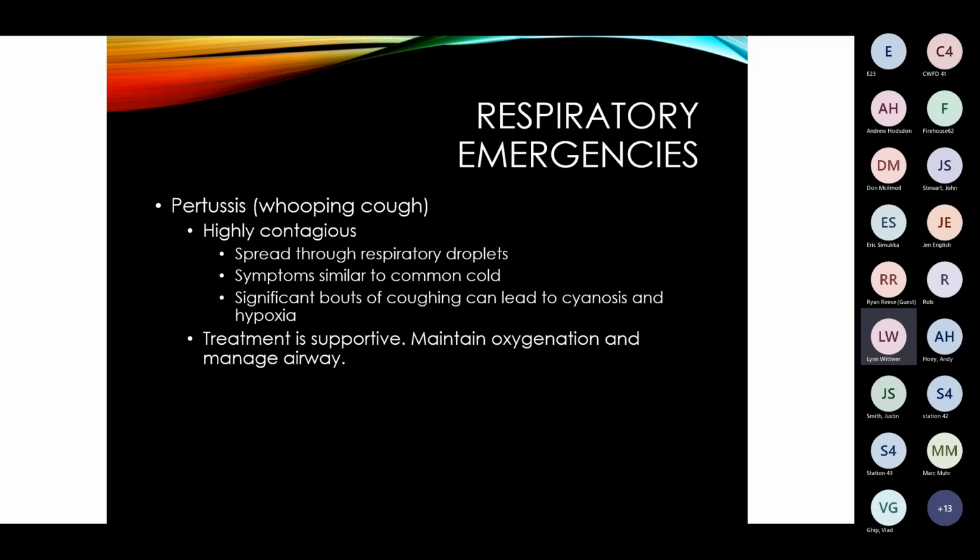Symptoms are similar to the common cold, and for an adult, the worst thing about it is usually significant bouts of severe coughing. Coughing can lead, with extreme coughing, to cyanosis and hypoxia, but generally speaking, adults don't generally die of this. However, children do.